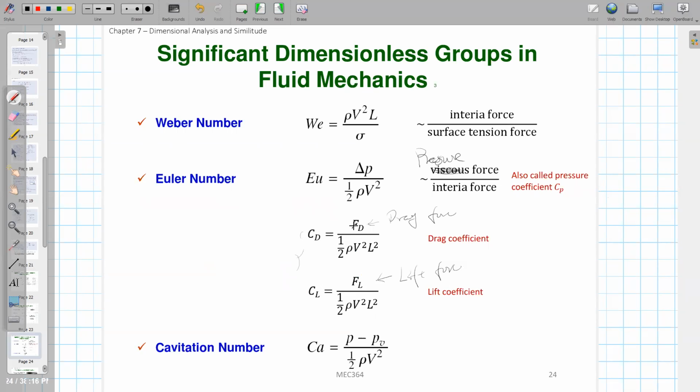So if you want to calculate the drag force, if you know the CD and CL, you simply use this parameter to multiply this value, and this value you already know. And this CD, CL, they are also dimensionless. You see these two in aerodynamics a lot.